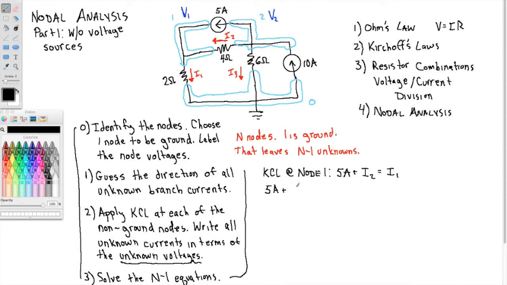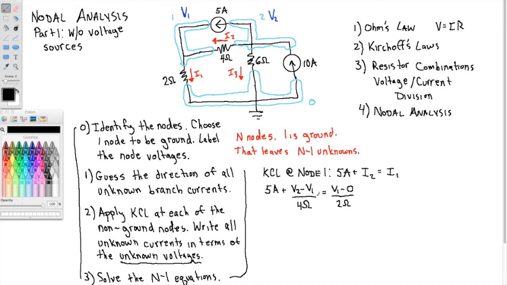So Ohm's law would say that that is V2 minus V1, the difference from right to left, divided by the resistance, 4 ohms. Equals I1, and so that's the current through the 2 ohm resistor going from node 1 to node 0. So Ohm's law would say that that is V1 minus, and I'll show explicitly the 0 there, V1 minus 0 over 2 ohms.